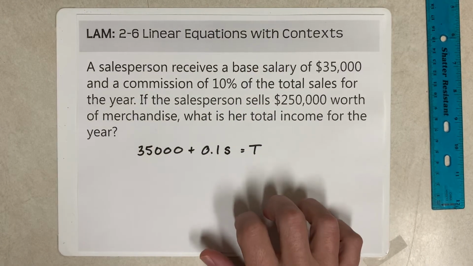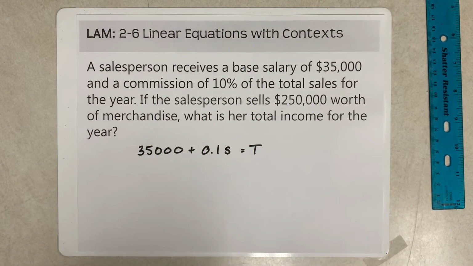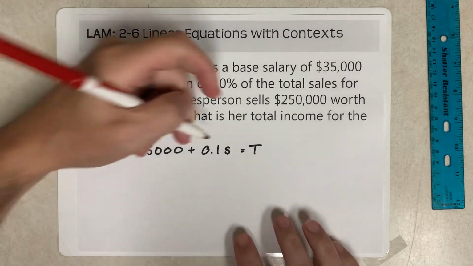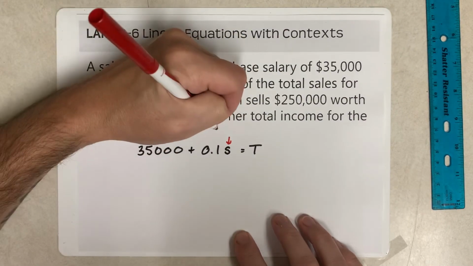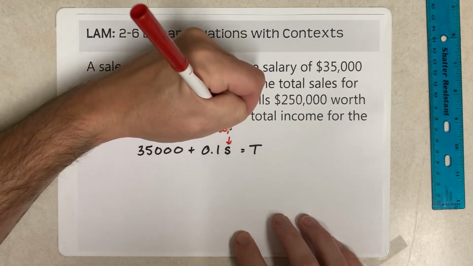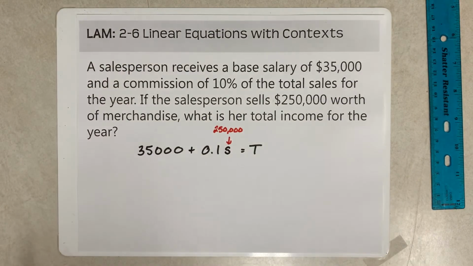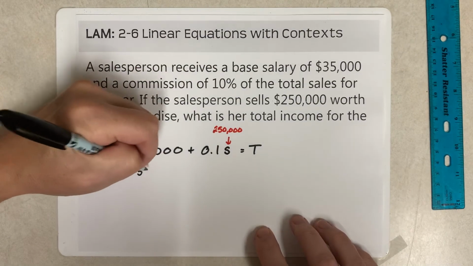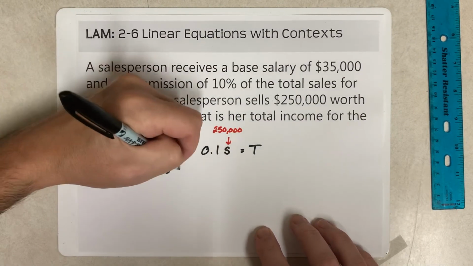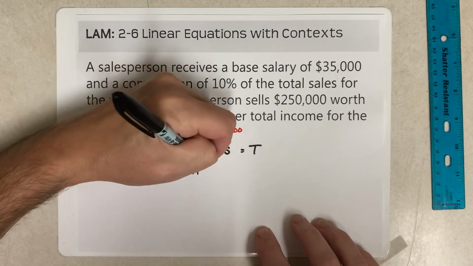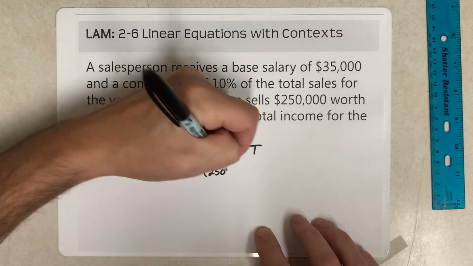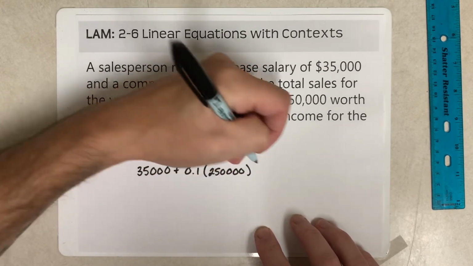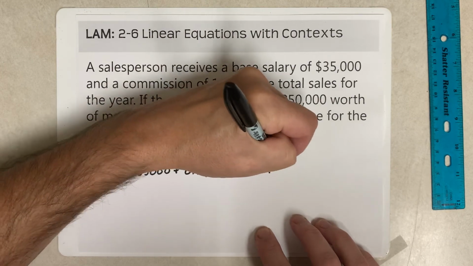So now it's saying that she's going to sell $250,000 worth of merchandise. So that is going to be her total sales. So we're going to need to plug 250,000 in for that S right there, and then calculate. So now we're at 35,000 plus 0.1 times 250,000 is equal to the total.